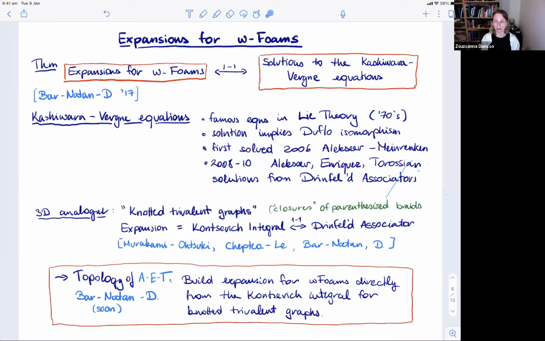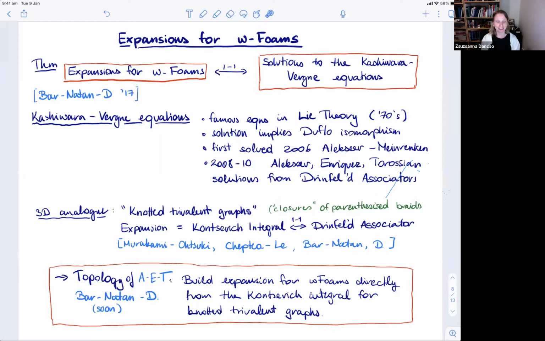And what they did was to construct solutions from Drinfel'd associators. And that's very interesting because Drinfel'd associators have a topological context, a topological equivalent in terms of homomorphic expansions for parenthesized braids, as I told you in the old story.